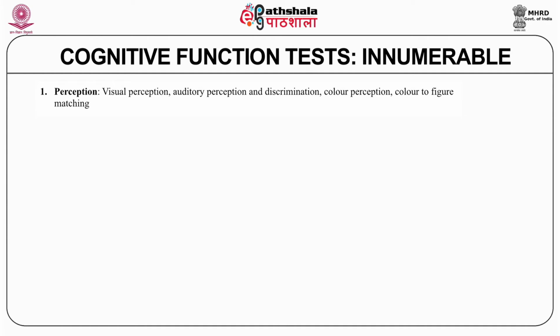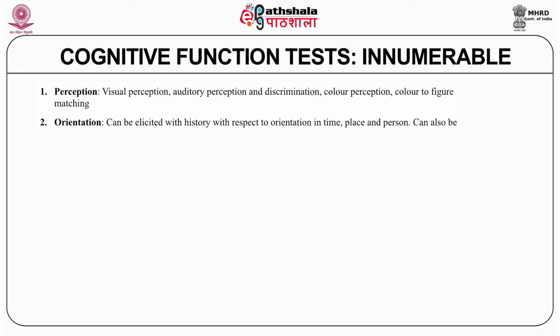In case of orientation, it can be elicited with respect to history, in the orientation in time, place and person. It can also be elicited using body orientation, the topographical orientation on the prominent cities on the map.